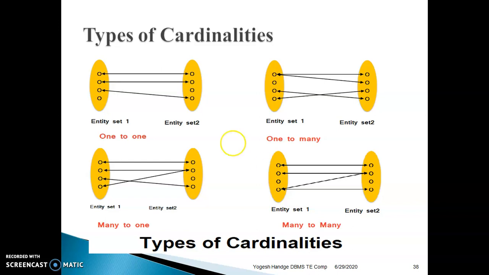See here the diagram, types of cardinalities. One to one: one entity associated with only one entity of set 2. One to many: one entity of set 1 associated with more than one entity of set 2.